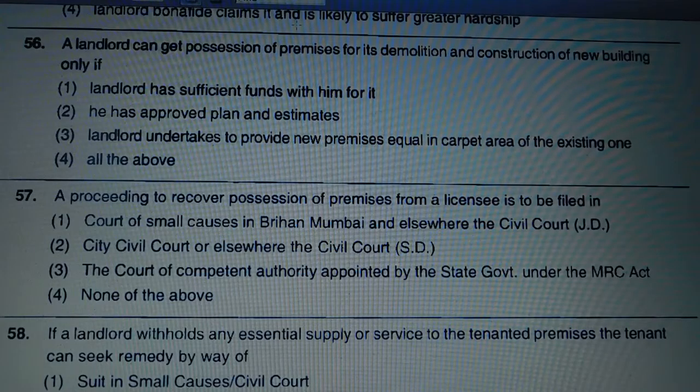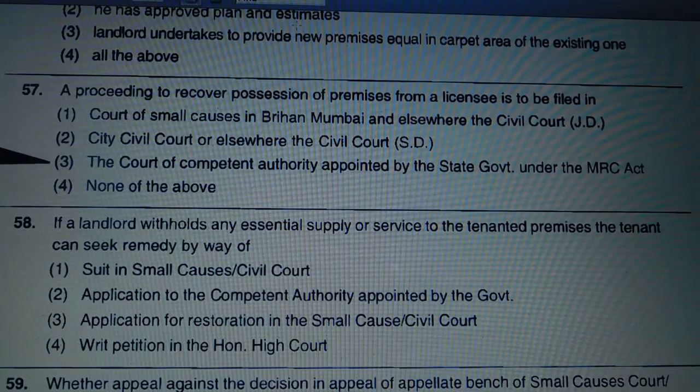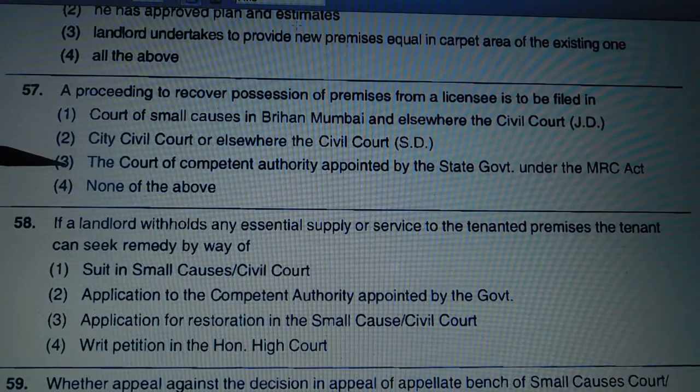Question number 57. A proceeding to recover possession of premises from a licensee is to be filed in. The answer is the court of competent authority appointed by the state government under the MRC Act.